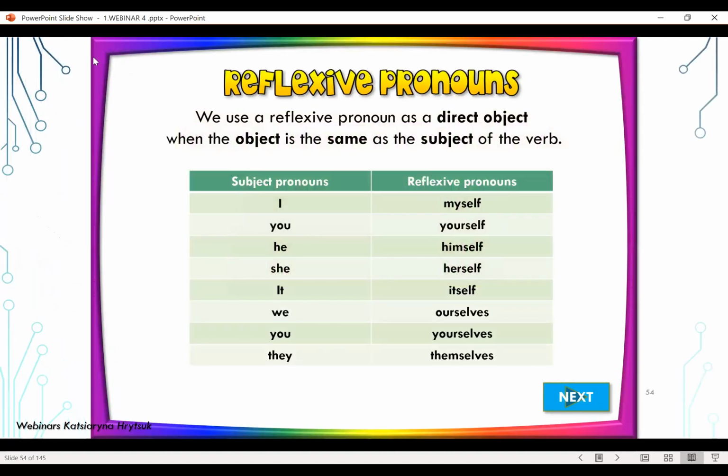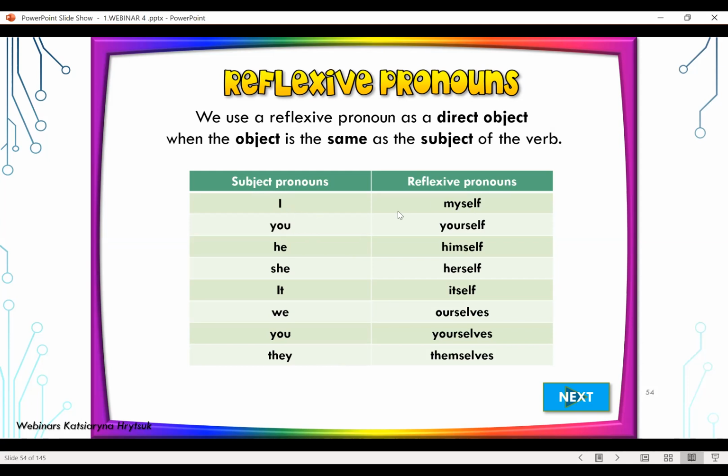When we talk about reflexive pronouns, we use them as a direct object when the object is the same as the subject of the verb. Later I will explain, but I just want to show you how we change these reflexive pronouns.